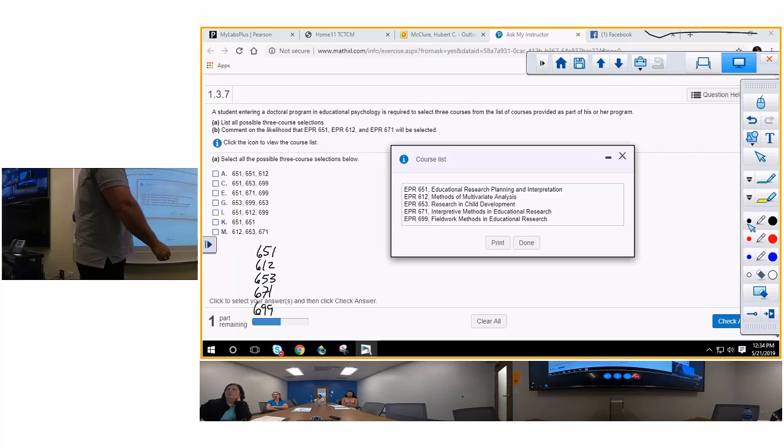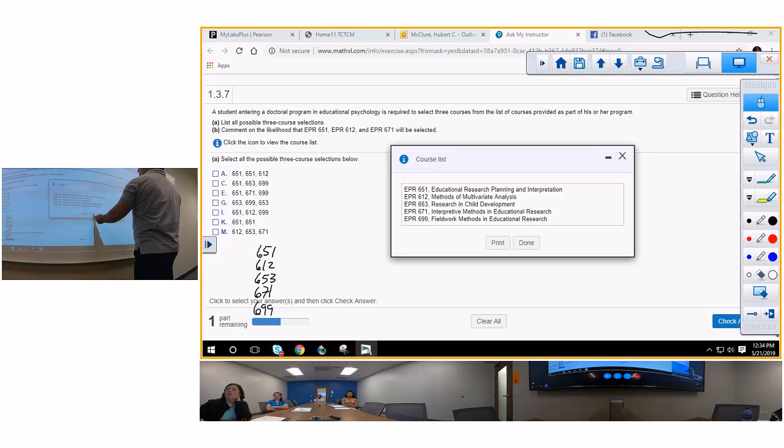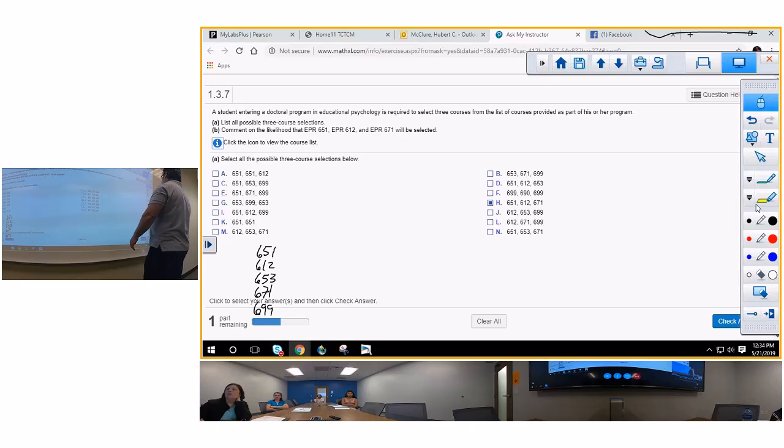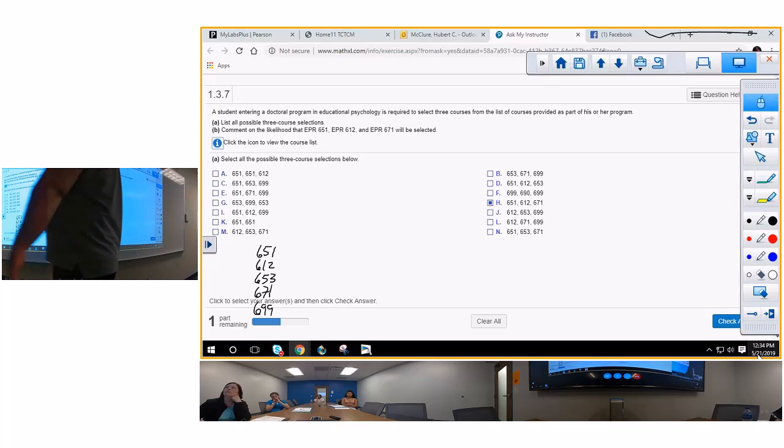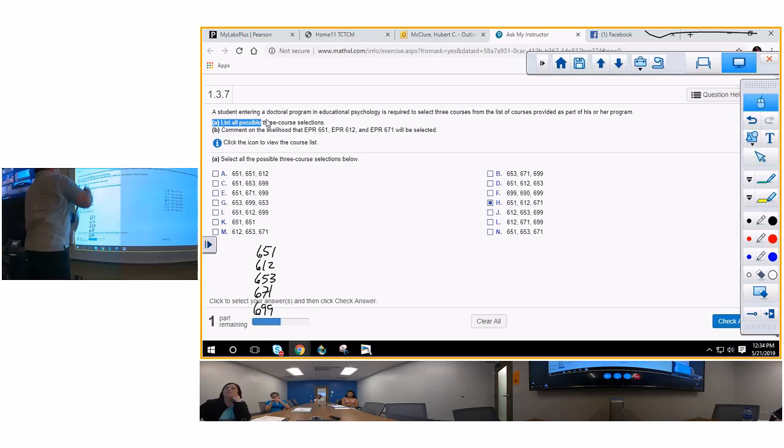Now you use whatever method you want to. The method I use, and you do this with boy, girl, boy, girl, 3 kids, what's the probability of boy, boy, boy, and girl, girl, girl, same thing. It says 3 course selections.